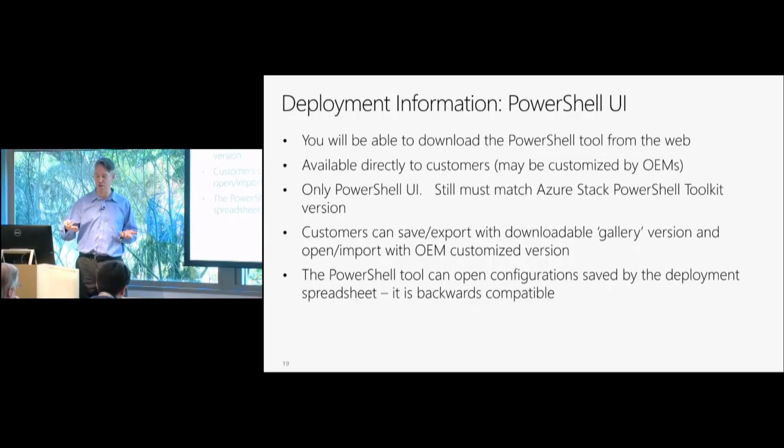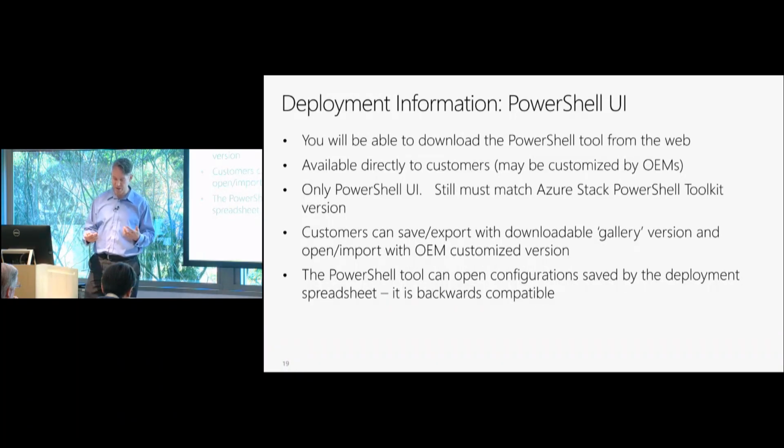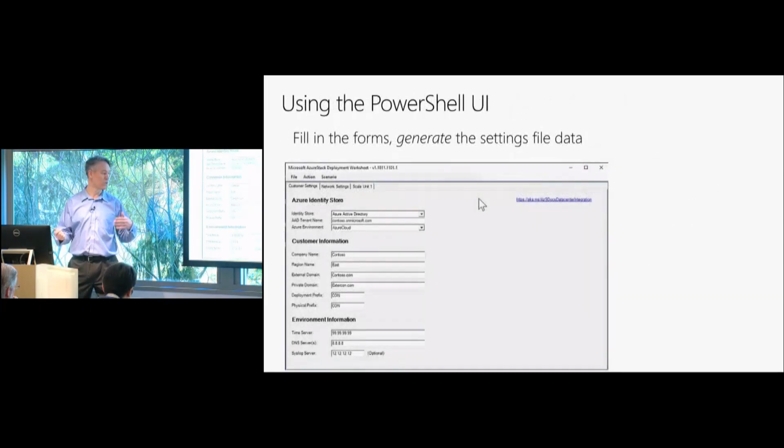It's available directly to customers, although the OEMs can customize it to ask additional questions specific to them. You can open a previously created configuration file, edit it, and export it again. It's also backwards compatible: you can take an output from the spreadsheet and import it into the PowerShell UI.